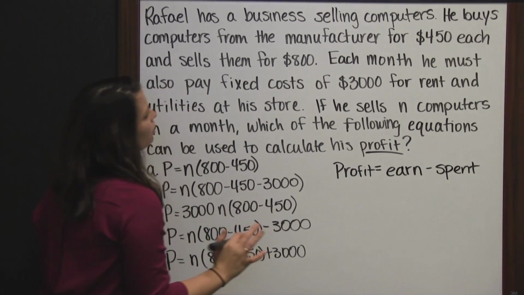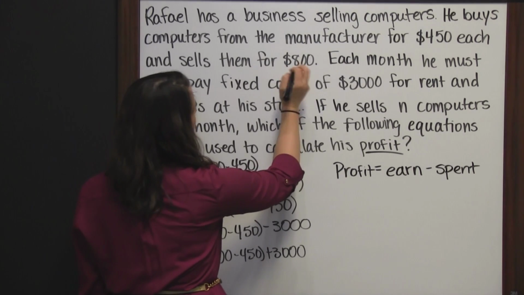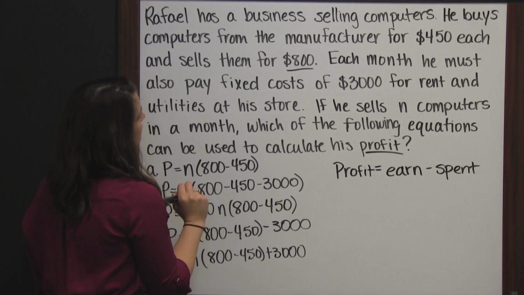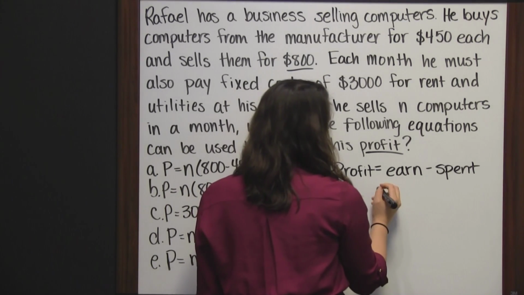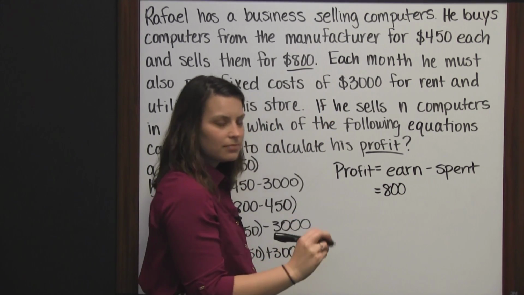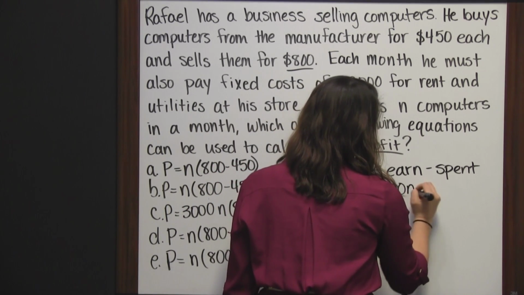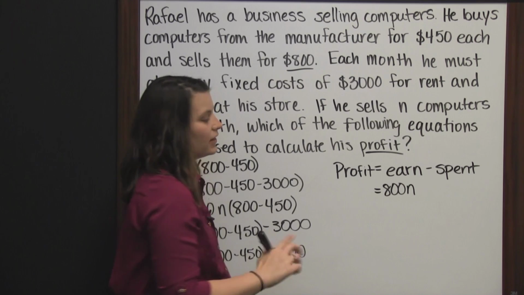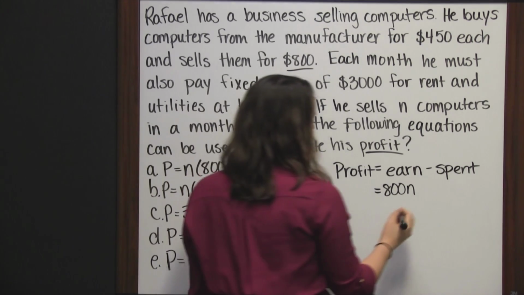So we know that he earns $800 for each computer that he sells. That's money he earns, $800 for each computer, which means to multiply times the number of computers he sells. And that's all the money he makes, so everything else is money he spends.